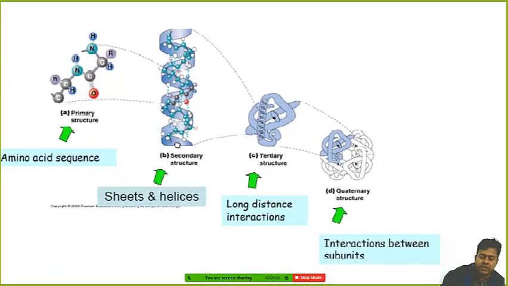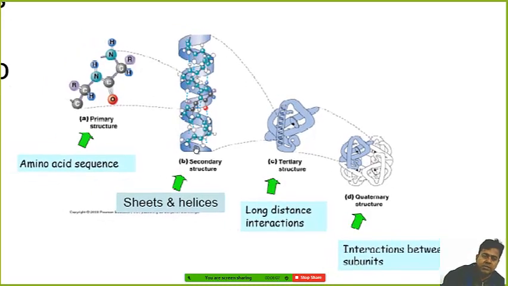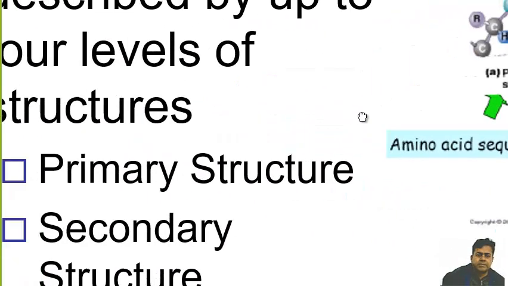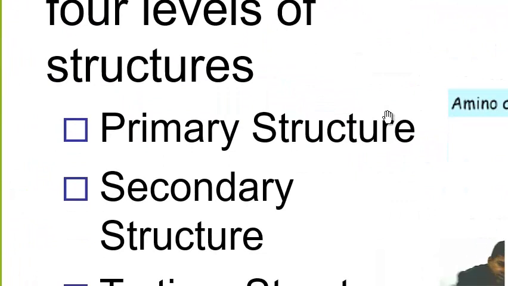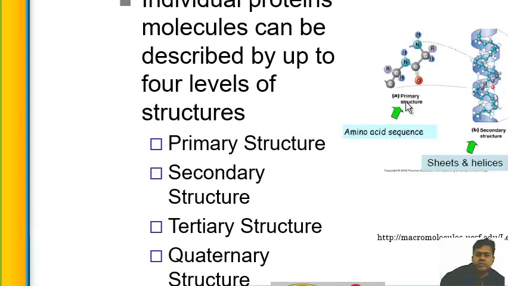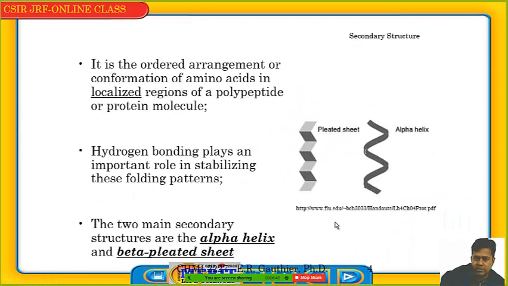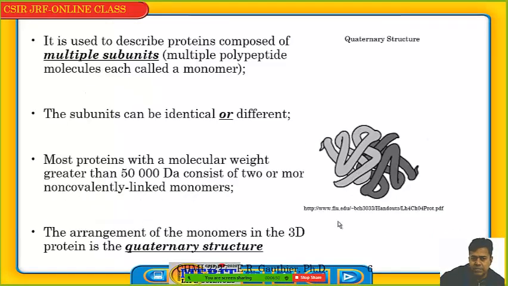But the Ramachandran plot is applicable for what? Primary structure, secondary structure, tertiary or quaternary structure? That is the basic point: the Ramachandran plot is valid for secondary structure. Okay, because from the graphical point you will be able to know this. There are two types of angle that are formed in the peptide bond.